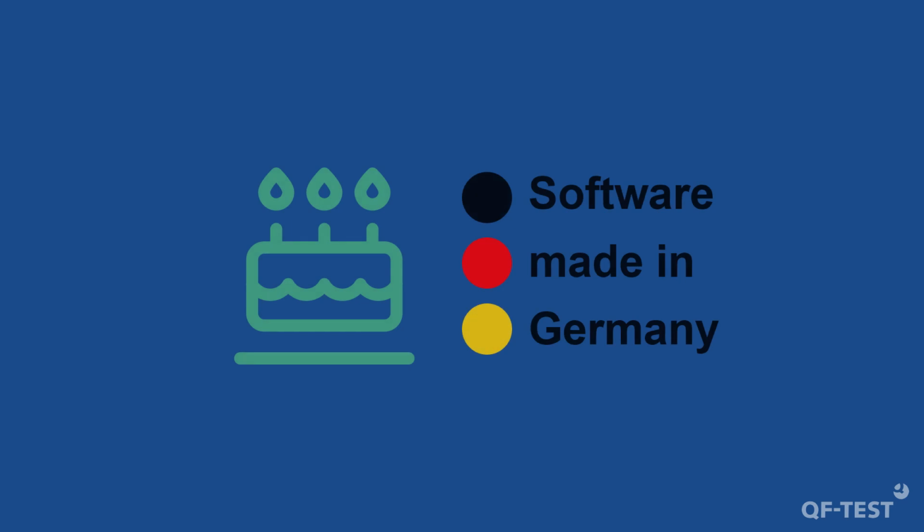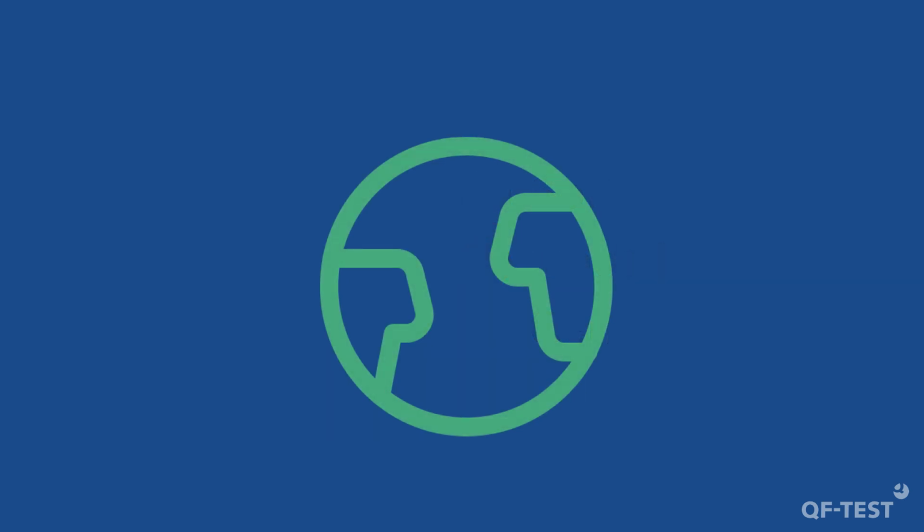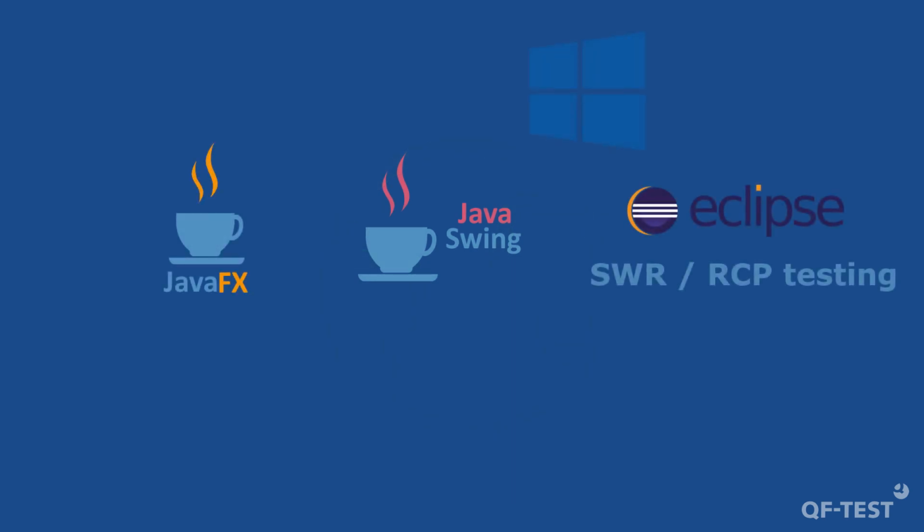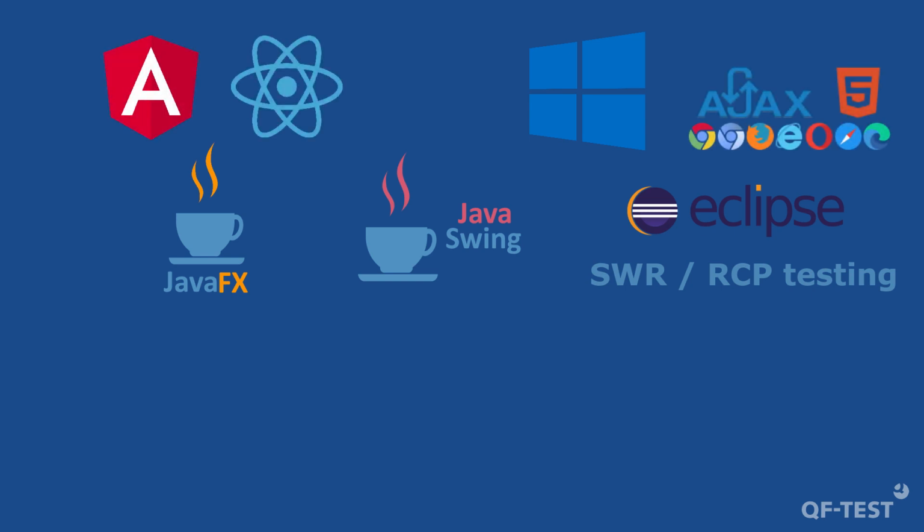QFTest is a well-established product for automation of UI tests from Germany for over 20 years. It is used by a wide range of national and international customers. It supports Java applications with Swing, JavaFX and Eclipse SWT, native Windows applications and web applications, including modern frameworks like Angular, React or Vue.js.